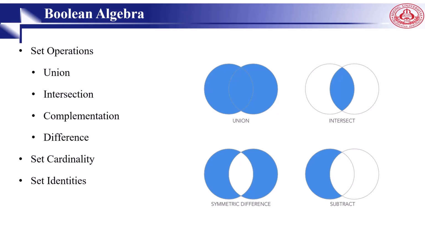As always, there must be a universal set U, and all sets are assumed to be subsets of U. In this lecture, we will review some basic topics you probably already know: union, intersection, complementation, difference, set cardinality, and set identities. We already studied them in algebra and propositional calculus, but here we will study them in terms of sets.